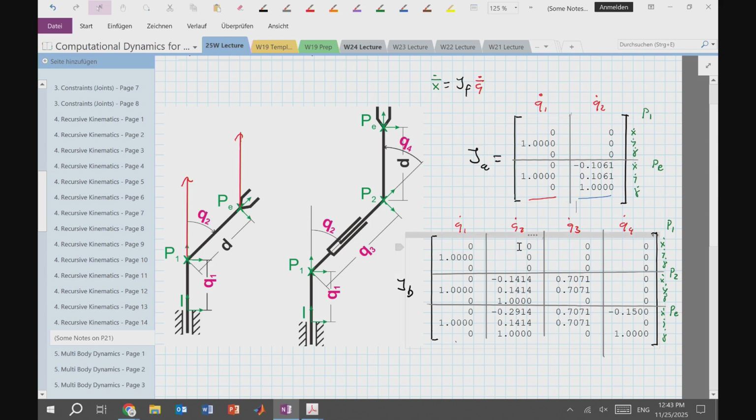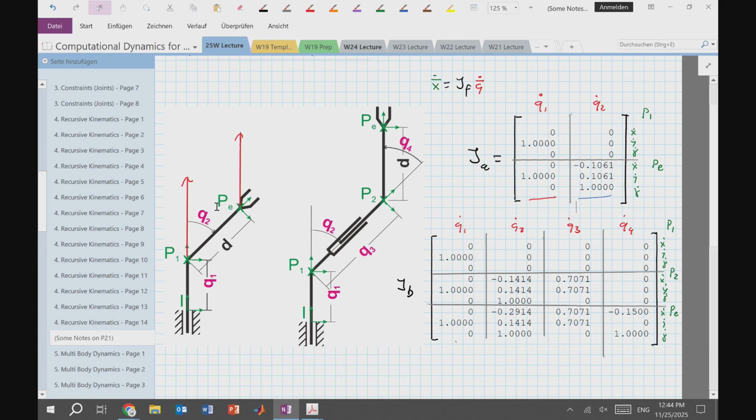We see this even more pronounced down here, where P1 is only influenced by Q1, and Q2, 3, and 4 are not going to move it. So there's going to be zeros in the Jacobian. Body 2 is only going to be influenced by the motion of Q1, Q2, and Q3, the joints connecting it to ground, to root, whereas Q4 is not going to move P2, again reflected by a bunch of zeros. So we have this triangular structure.